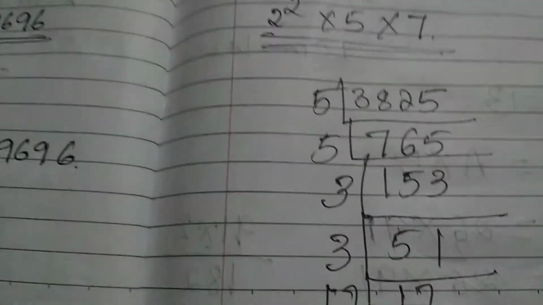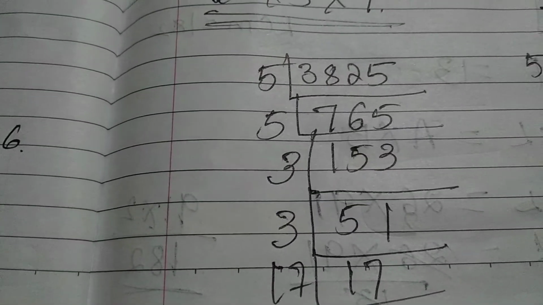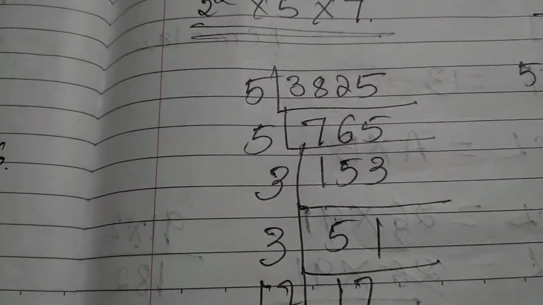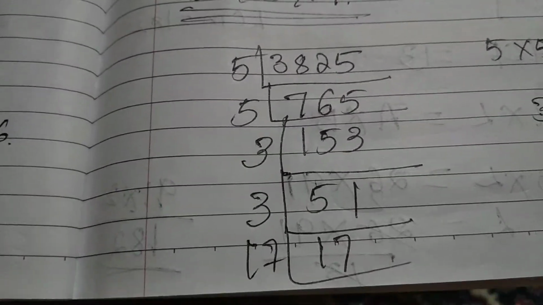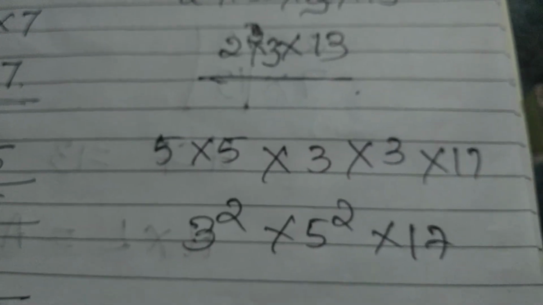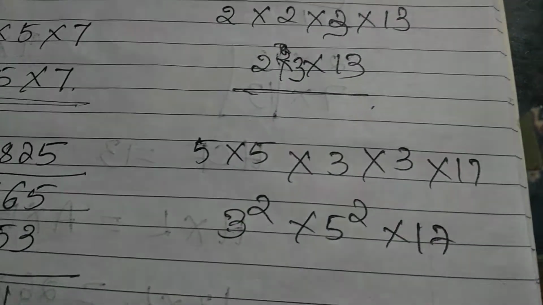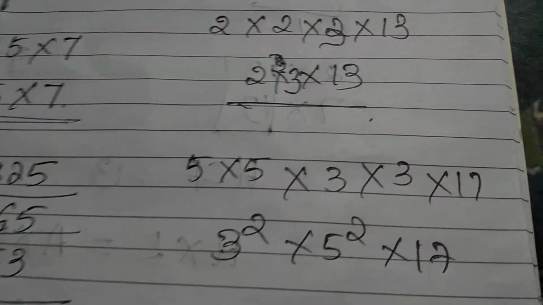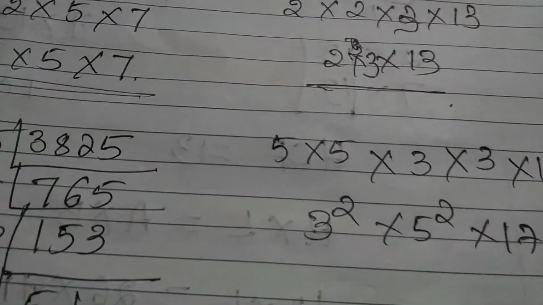From 5, 765, from 5, 153, from 3, 51, from 3, 17. So prime factors 5 into 5 into 3 into 3 into 17, that is 3 square into 5 square into 17.